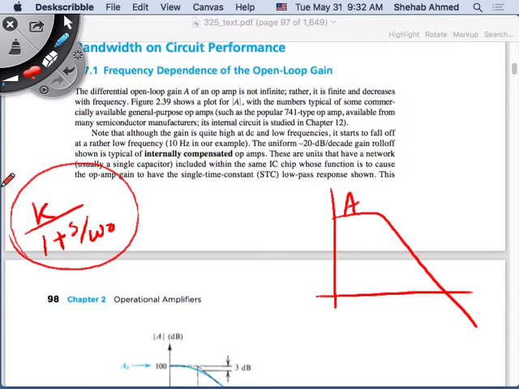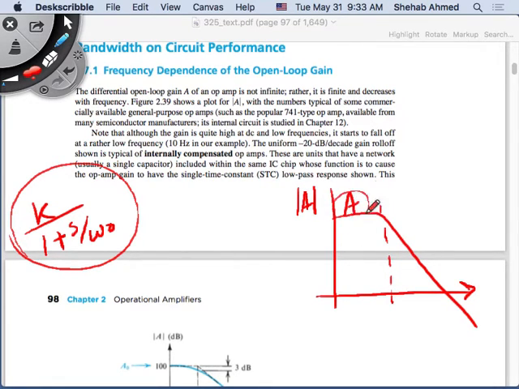Right, so I'm telling you that the physics or the internal design of the op-amp is forcing the gain of the op-amp to behave like a low-pass filter. So it's not just a finite gain A, it's also going to behave like a low-pass filter, meaning the magnitude of A will depend on frequency in this fashion. This will have a break frequency and it will have a DC gain.